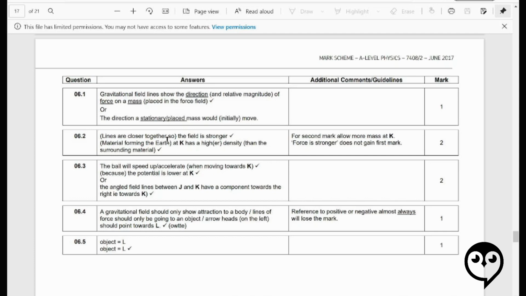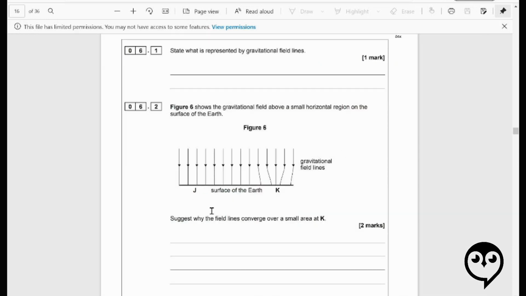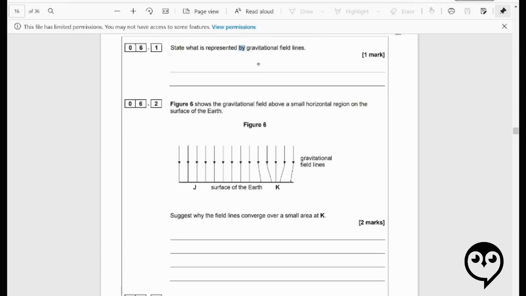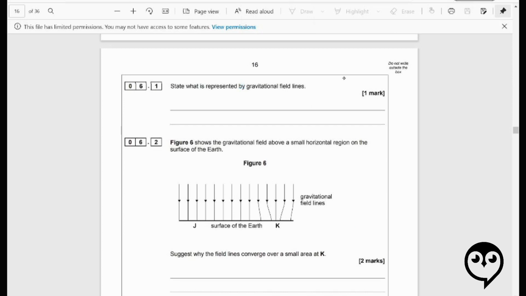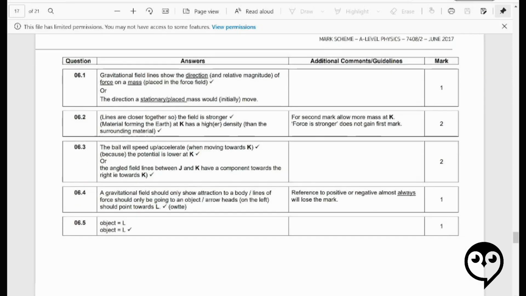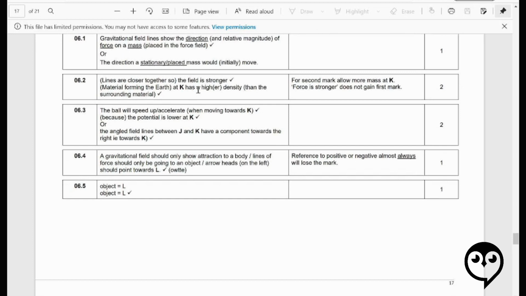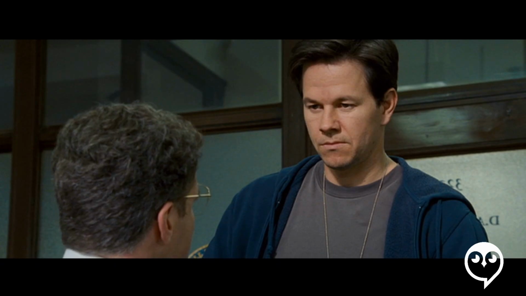So I guess because they've talked about strength being related to distance between the field lines in part 2, you wouldn't mention it in the purpose of the field line. What's represented is the question. Okay, anyway, for the next part all you need to say is the lines are closer together and it's a higher density than the surrounding material.